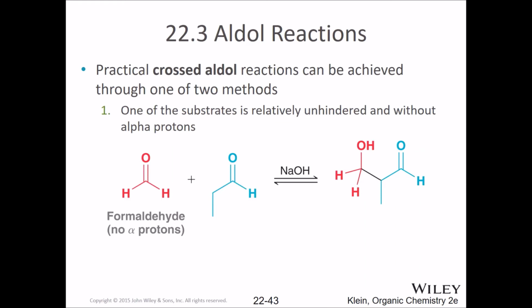Number one, you can make it so that you have no alpha protons. So the only enolate you can form is going to be from this one. Right? That's the only enolate you can form because you don't have an alpha hydrogen over here.